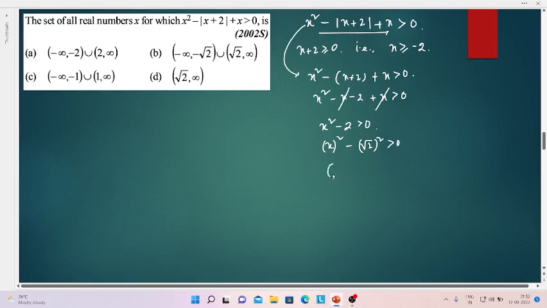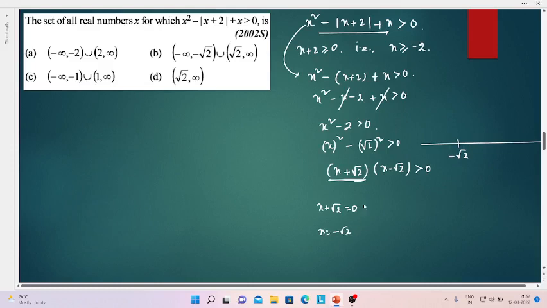If we factorize, we get x plus root 2 times x minus root 2, which is greater than 0. If we plot on the wavy curve, for x plus root 2 equals 0, x will be minus root 2.